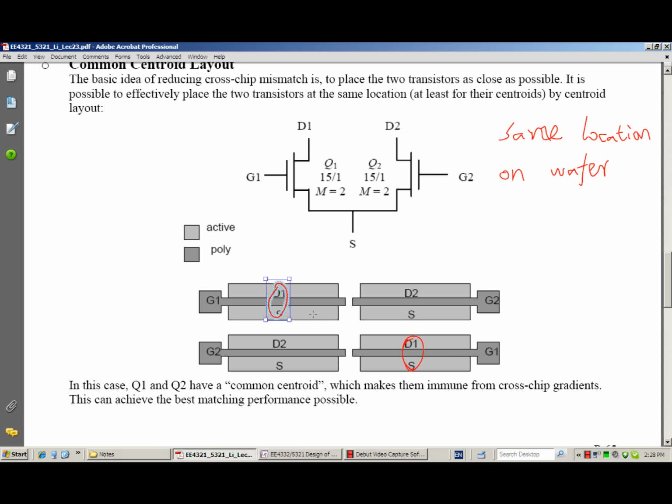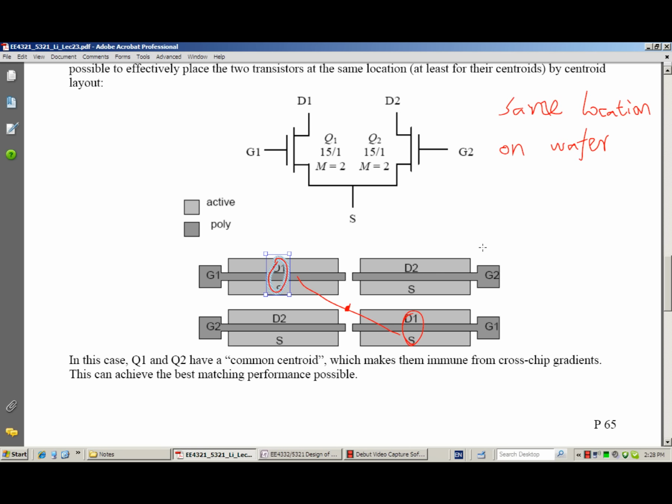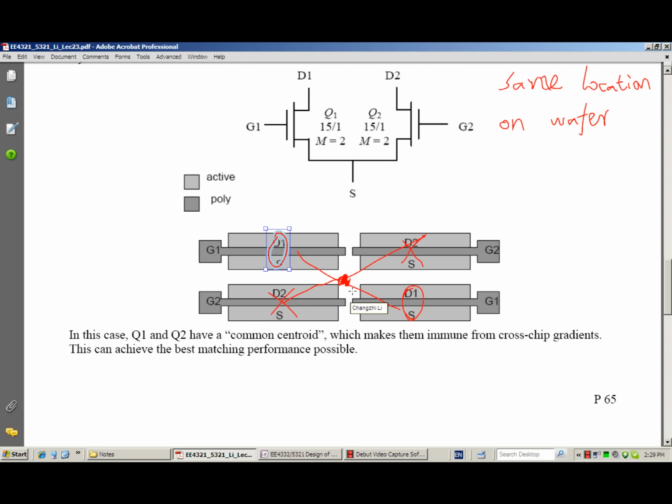So now the centroid of the transistor is right at this point. Same thing we can apply to transistor D2. We divide it into two and put one here, another here. And now the centroid for D2 is at the same location of this place.